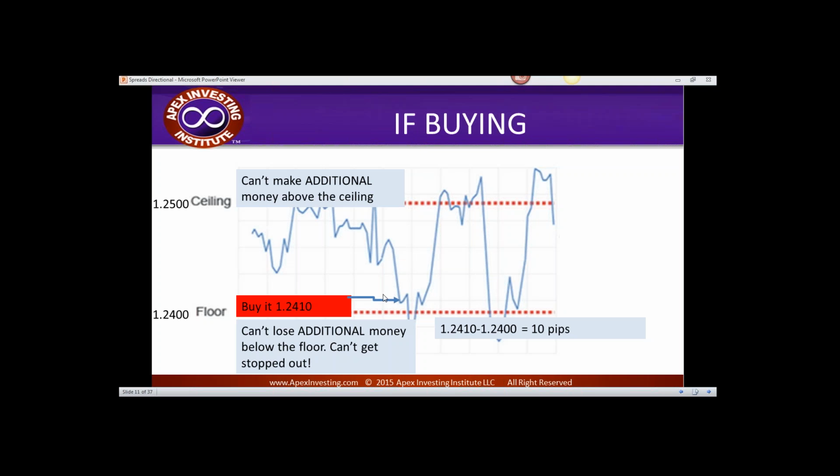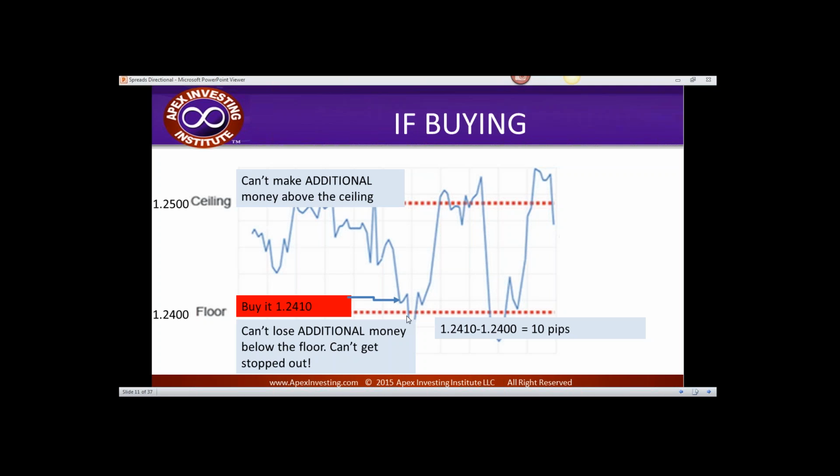So right here, when we bought it, it went down against us. If it hits the floor and goes below the floor, what happens? Is our trade closed out? Do we get stopped out? No. On a spread, the trade only gets closed out when you exit it and close it, or when it expires.